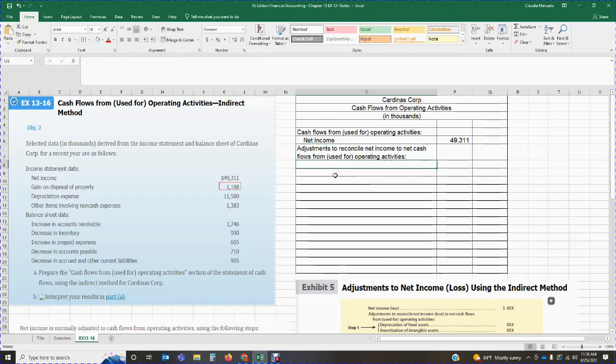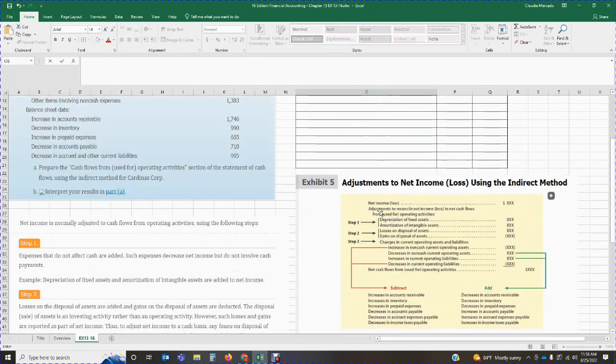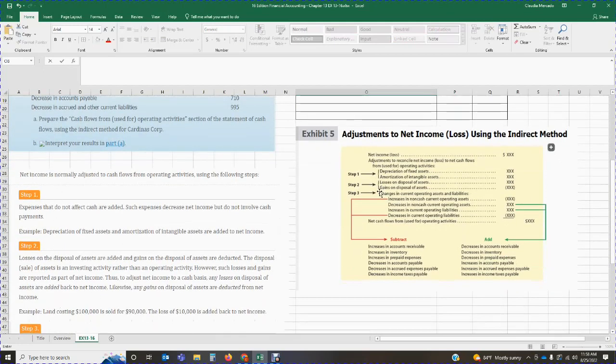Now we're going to have our adjustments. We're going to look at Exhibit 5 and we're going to look at the 3 steps. There are 3 steps in the adjustment process in preparing our operating activity section.